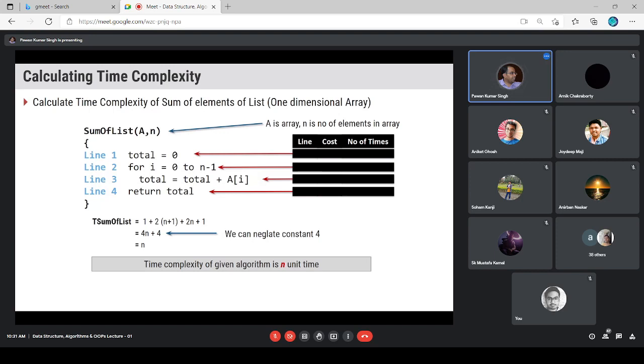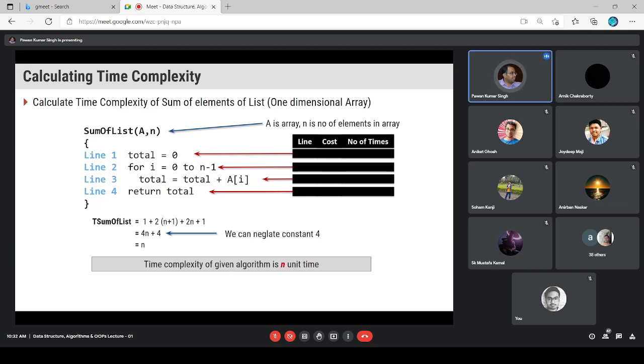After adding it up, it comes to 4n plus 4, and the 4 will be neglected as it's a constant. So it is n. So what is the time complexity of this algorithm? It is n unit time. So it depends on the number of elements of an array.